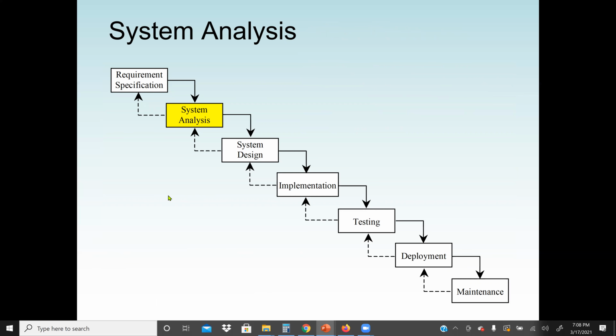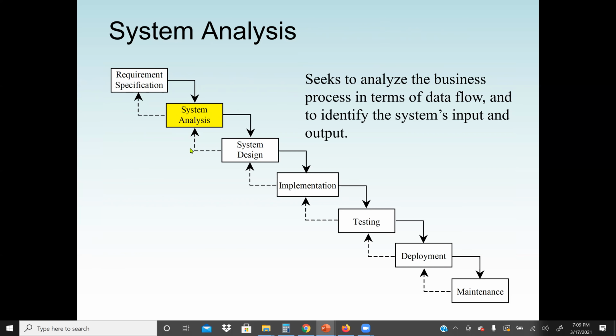But in a real world complex system, we need to take requirement specification very seriously and try to come up with a possible specification for the requirements, both functional and non-functional. So next we move to the system analysis.